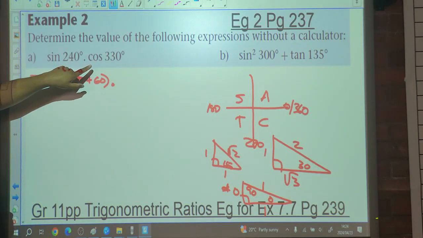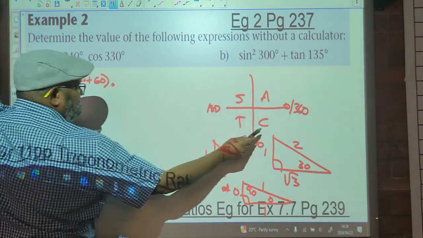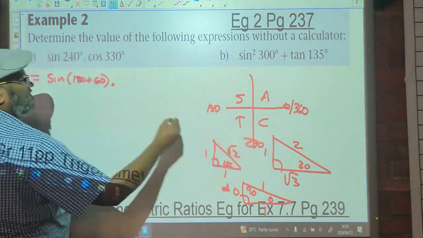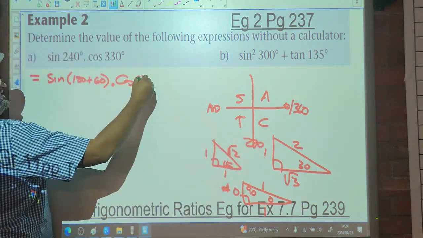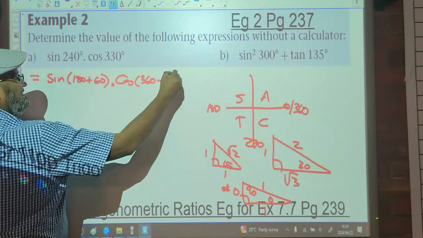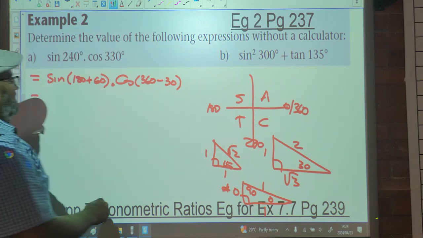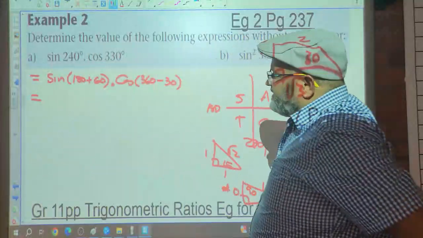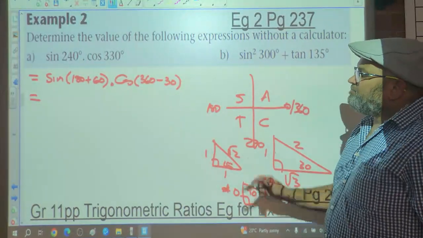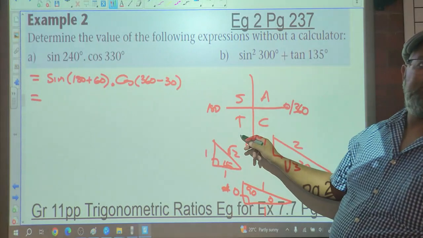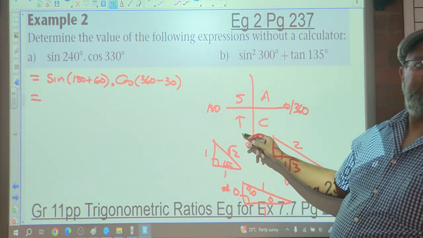330 is in which quadrant? Quadrant 4. How do you get in quadrant 4? 360 minus 30. Okay. So 180 plus 60 is in the third quadrant. Is sine positive or negative in the third quadrant? Negative. Can you see that, people?